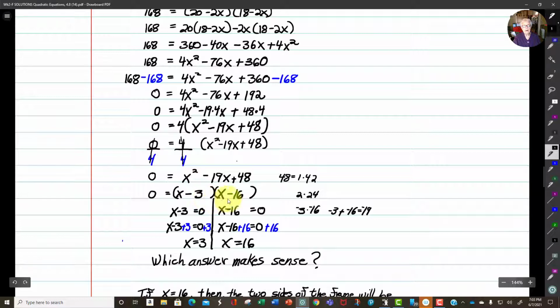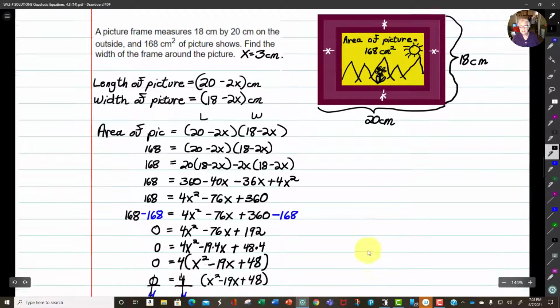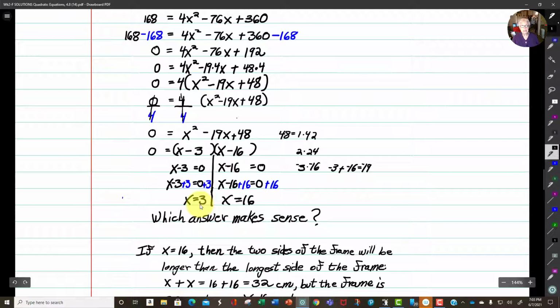So that tells me how to factor x squared minus 19x plus 48. Then I set each factor equal to 0 and solve for the variable. Now I've got two possible choices for the width of the picture frame. The width of the picture frame can be 3 centimeters, or it can be 16 centimeters.